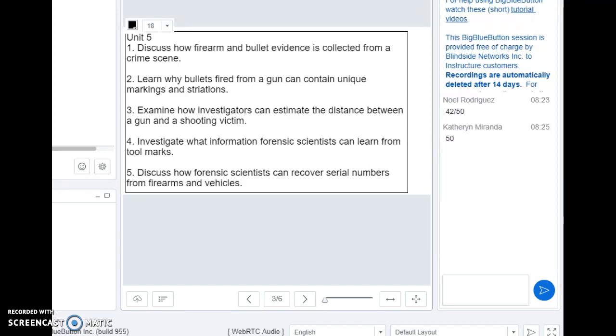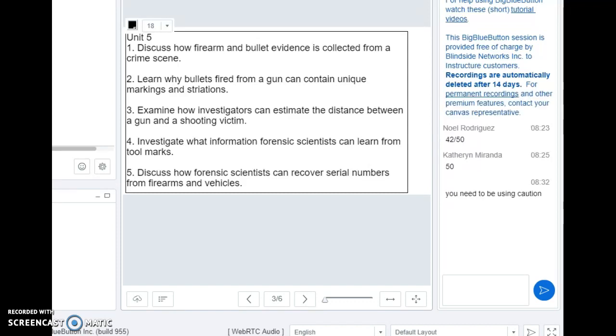So as we always do with evidence, of course, we're taking our pictures, we're documenting the scene as it is before we go in and touch anything, right? The first step with collecting any evidence as far as a firearm or bullets are concerned, firearms need to be unloaded for safety purposes, right? What's the next step? Need to use caution, good. Then what are we doing?